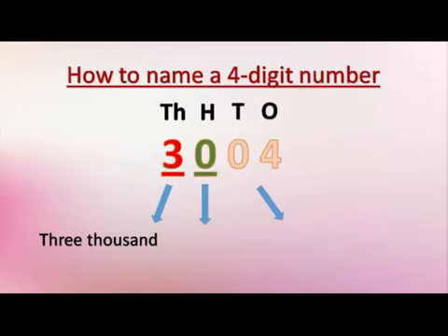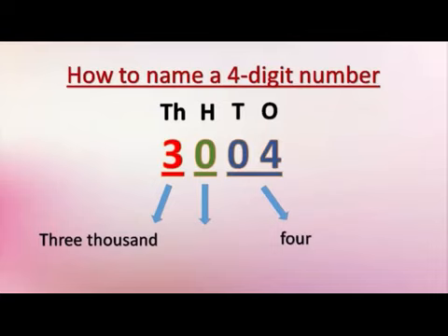What do we have in hundreds digit? 0. So should we write 0? No, we never write 0 hundreds. So if we have 0 in some place, we don't write it. So the second part will not have anything.